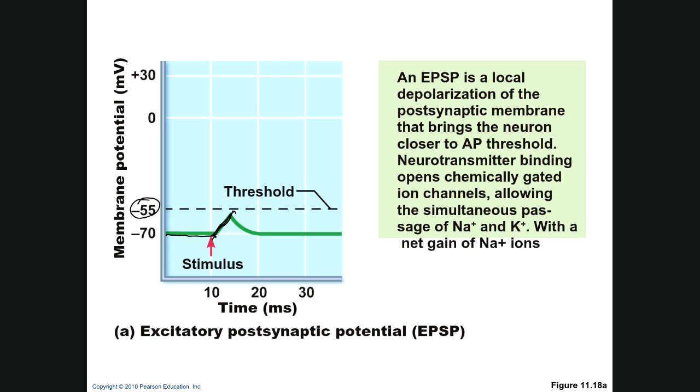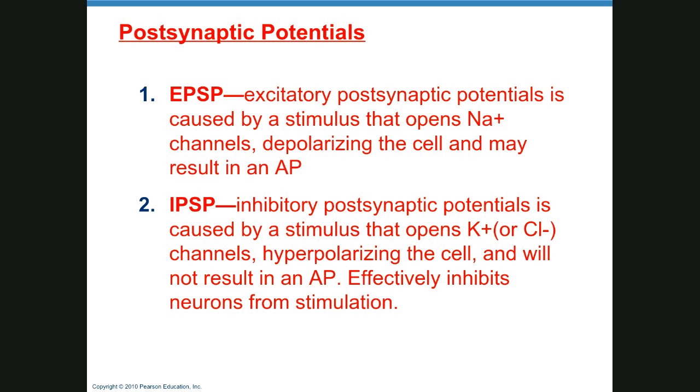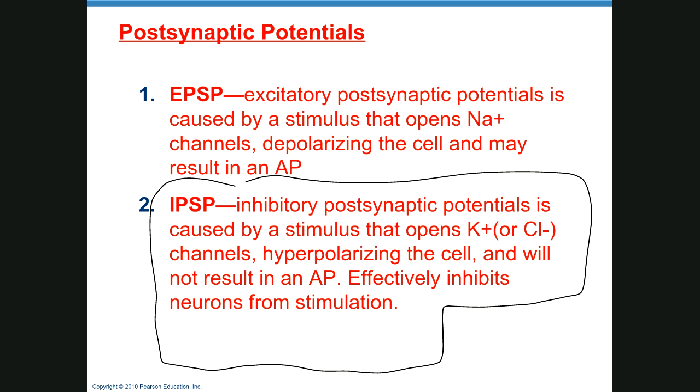Okay. Now, the receptor, on the other hand, could also be a potassium channel or a chlorine channel. Let's talk about the potassium channel. We're going to go ahead and ignore the chlorine channel, even though the effect will be exactly the same.